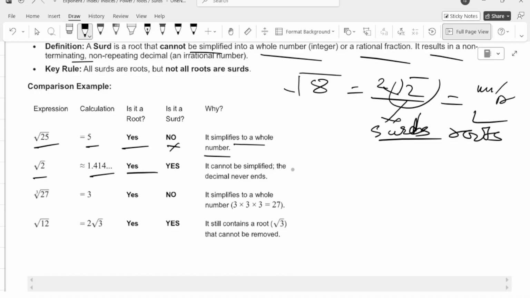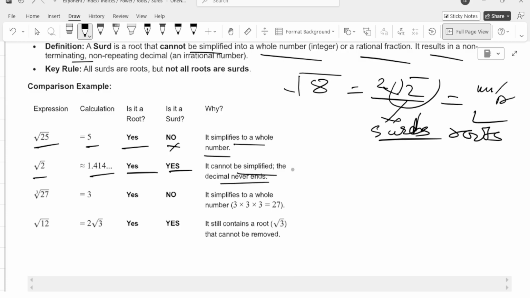Yes, because there is no rational form. Here root 2 stays root 2 and there is no common factor outside the root. If we evaluate it, the value is an irrational form 1.414 and continuing, so it is a surd and it cannot be simplified in decimal.